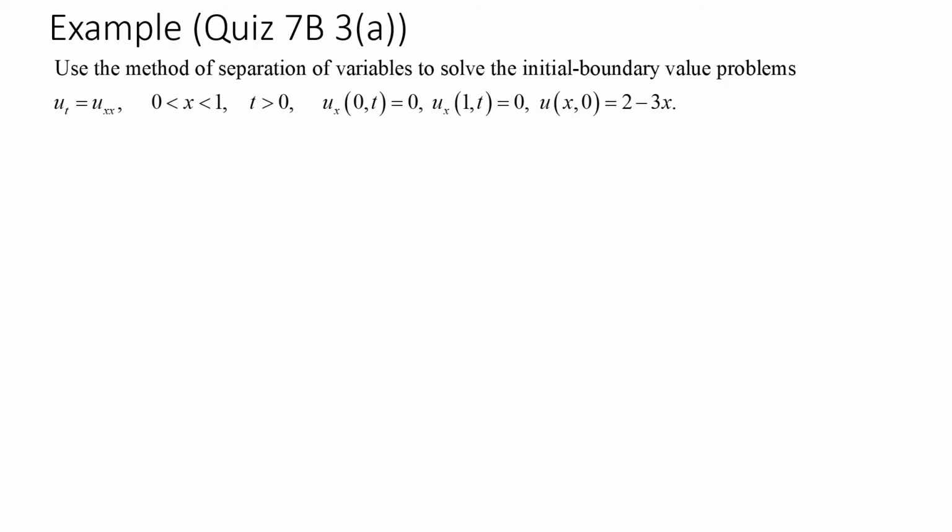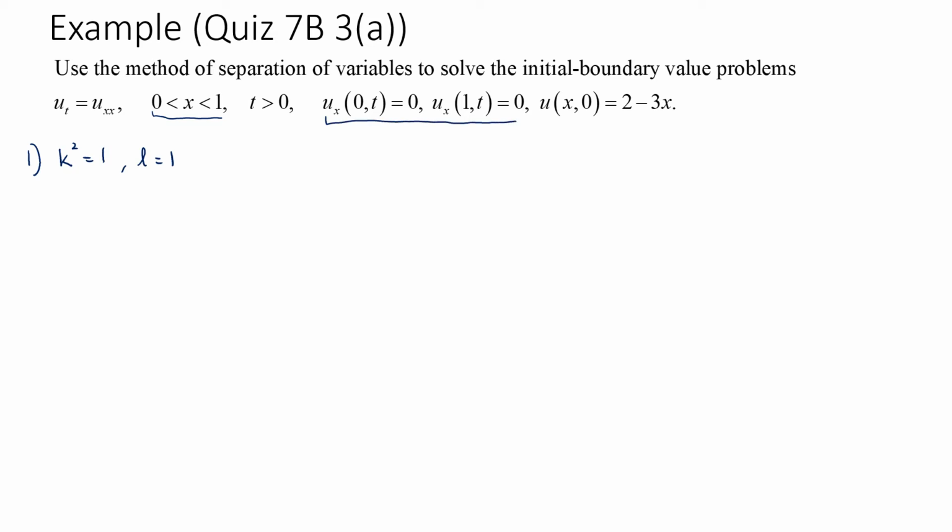Now let us try this example from quiz 7b3a. Use the method of separation of variables to solve the initial boundary value problem. Given the PDE is ut equals uxx, where here we know that k squared equals 1, and the length L equals 1.